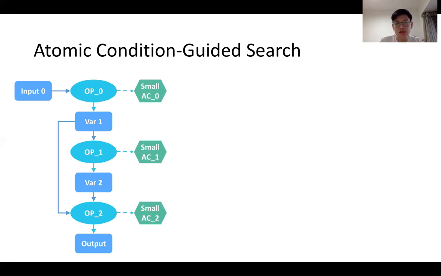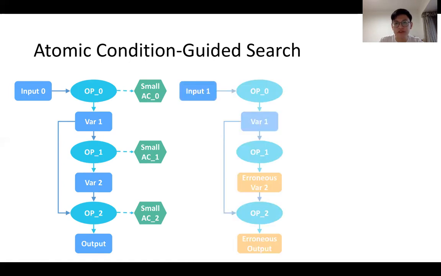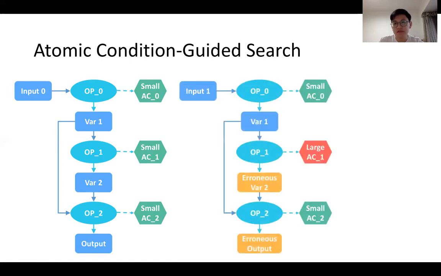As the search continues, we may find some operation involves a very large atomic condition, and it may lead to an erroneous intermediate result and may also lead to an erroneous final result. We use an evolutionary algorithm as the search module, and other search modules can be easily integrated.